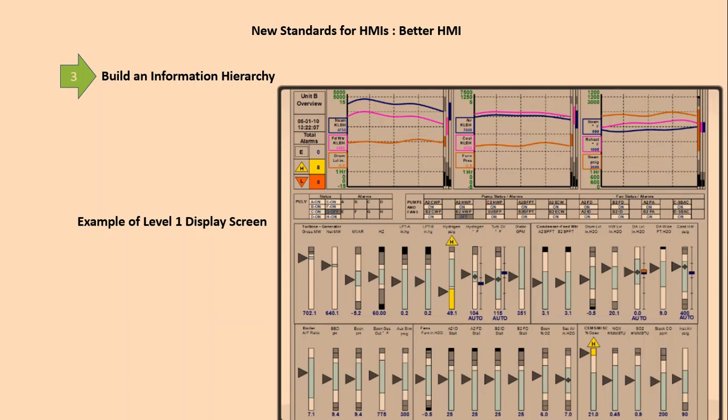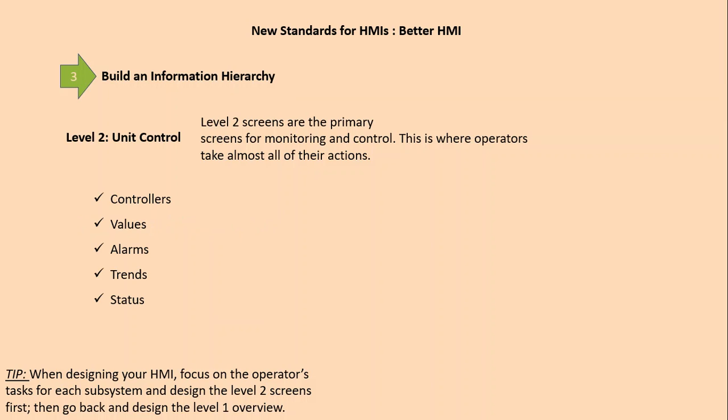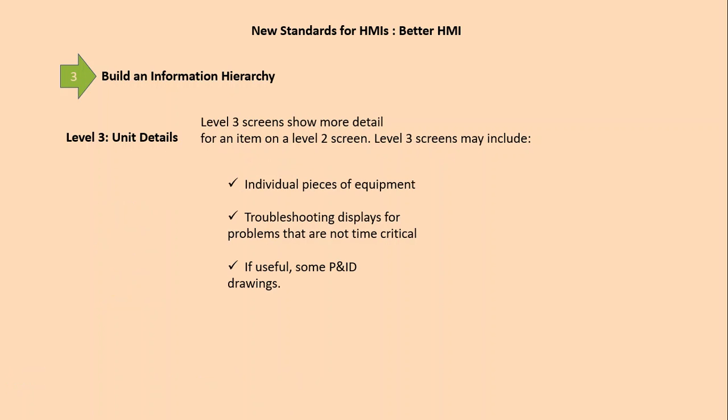Then level 2 is where the second level of information can be shown, where individual parts of the plant can be grouped together, like one silo, and the related parameters displayed there. Then level 3 is where you can show the individual component.